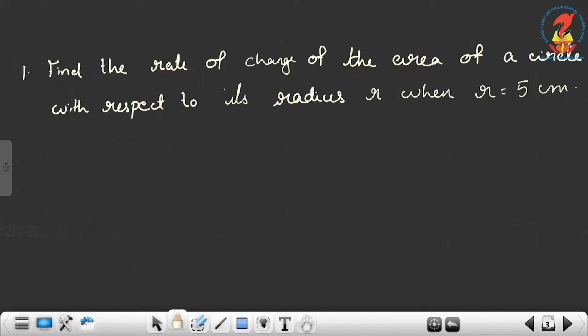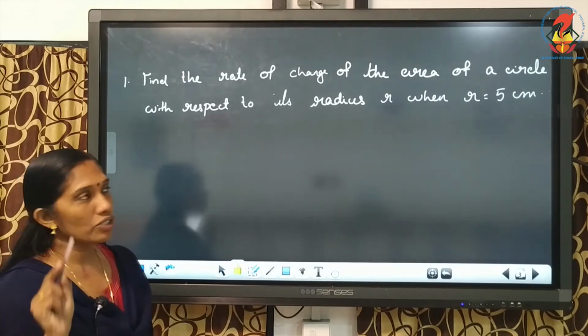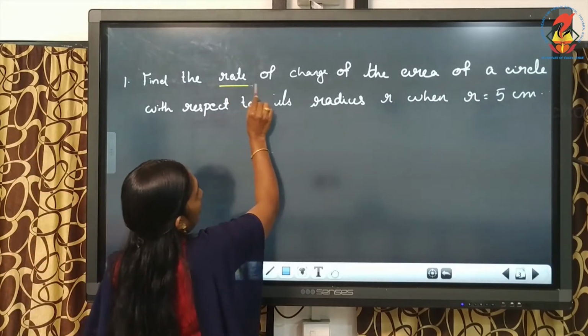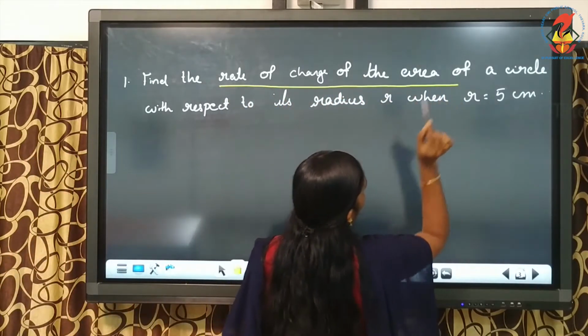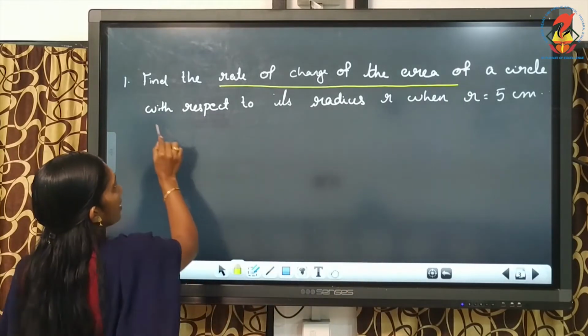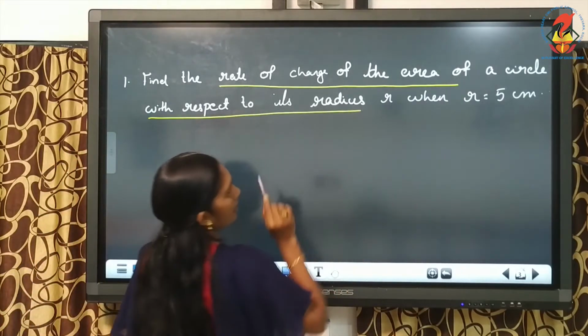Find the rate of change of the area of a circle with respect to its radius r when r is equal to 5 centimeter. So we have to find the rate of change of area of a circle with respect to its radius.